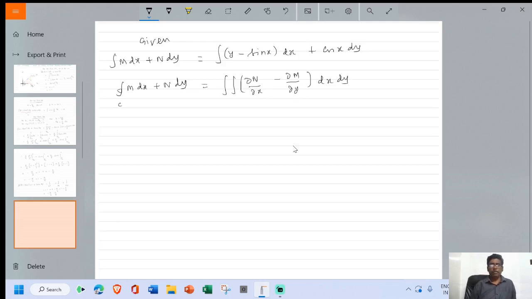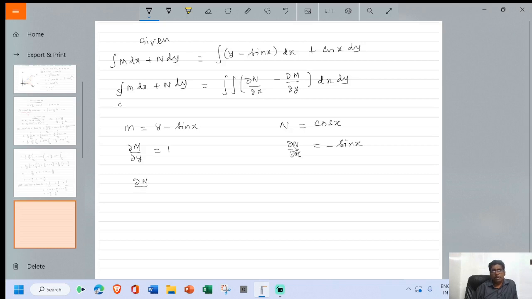Now from this, the value of m equals y minus sin x, then n equals cos x, then dou m by dou y is equal to 1, dou n by dou x equals minus sin x.